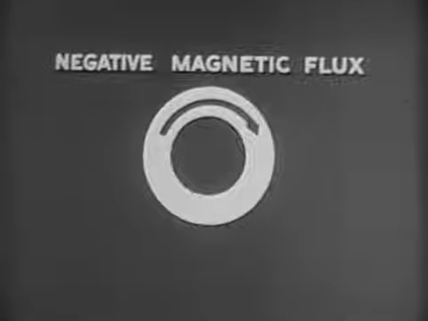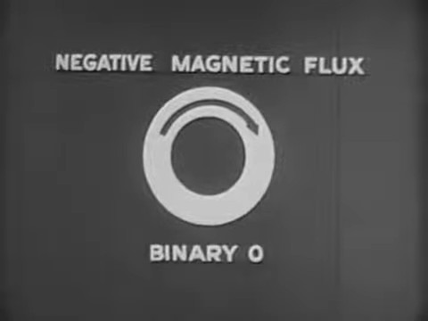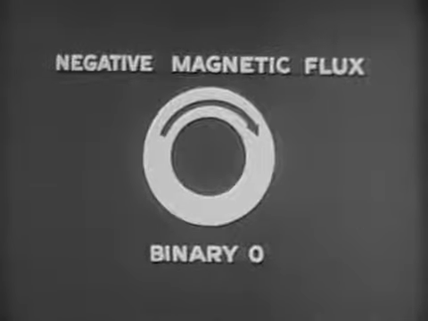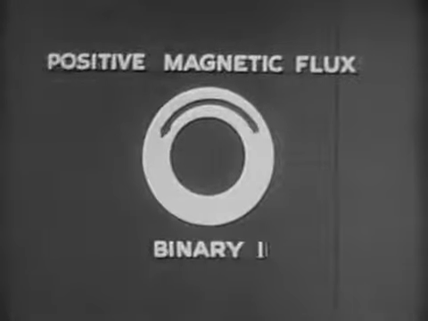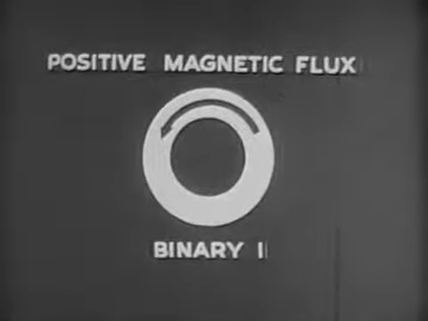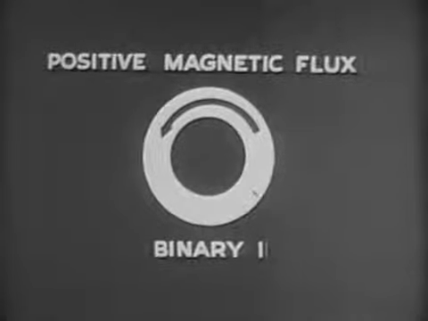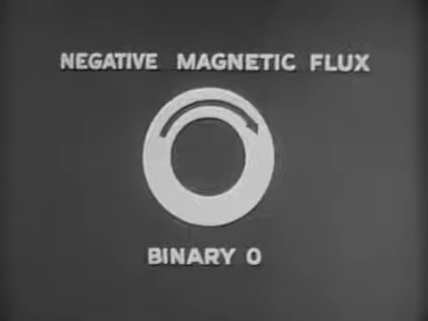If the direction of magnetism is reversed, the flux becomes negative, and the core holds a binary 0. However, remember that this arbitrary definition of positive magnetic flux representing binary 1 and negative magnetic flux representing binary 0 may be reversed in some systems.